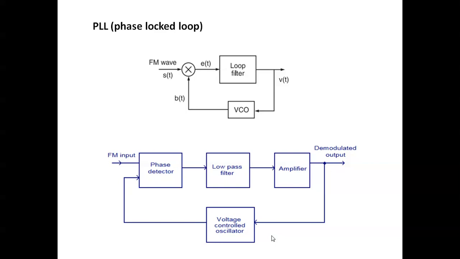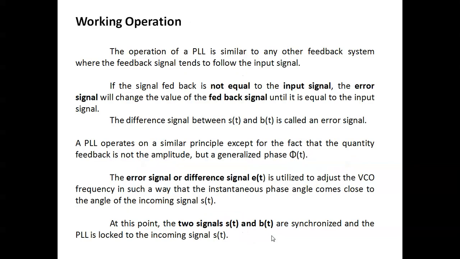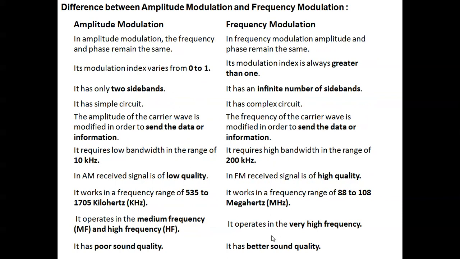Once it matches the input signal, we get the output. Until then, we call it the phase error. This is the operation of the PLL. Finally, the two signals s(t) and v(t) are synchronized and the PLL is locked, and this is the output signal.